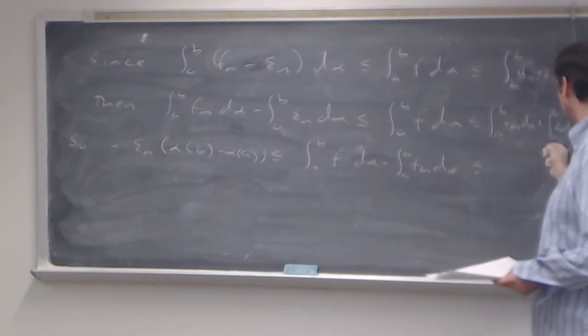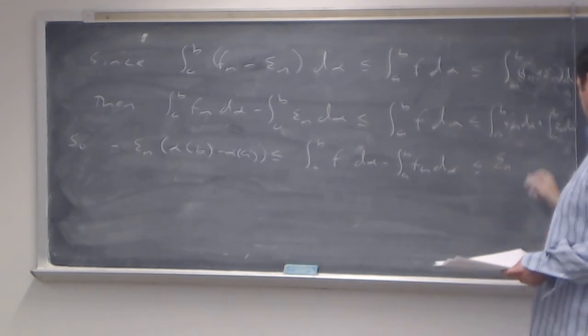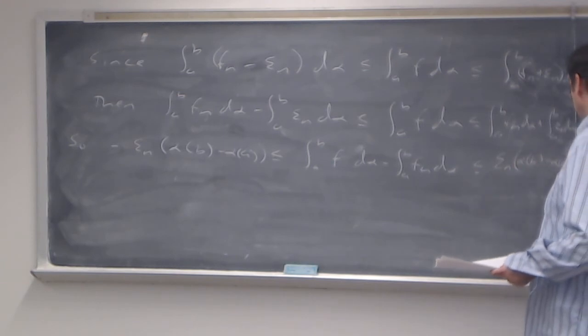And so here I just got this integral left, but we know that's epsilon sub n times alpha of b minus alpha of a.